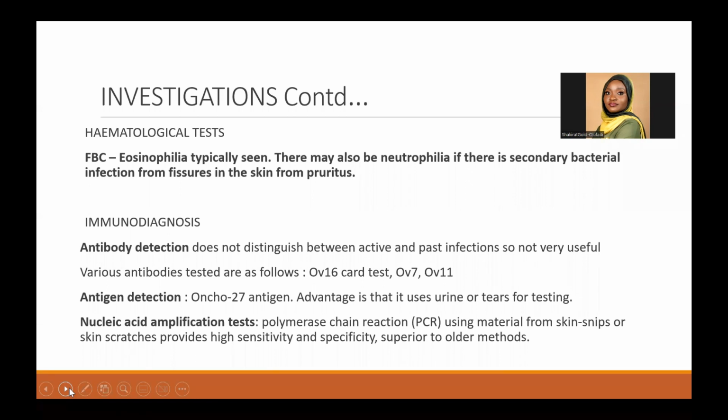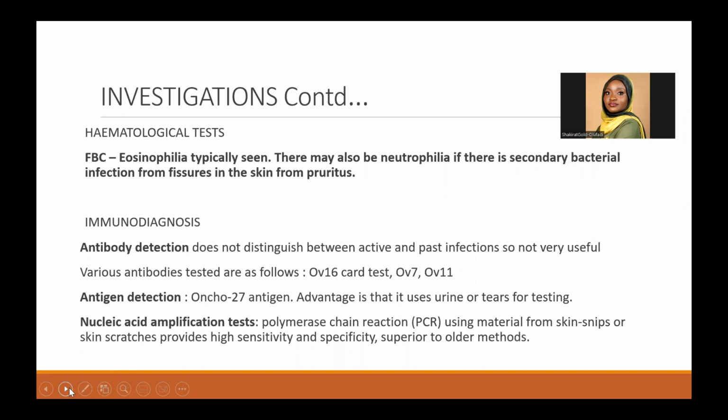But of course, it's not really available in our environment. Maybe in the future, it may be made available so that there can be better monitoring in areas where microscopy may not be feasible or possible.